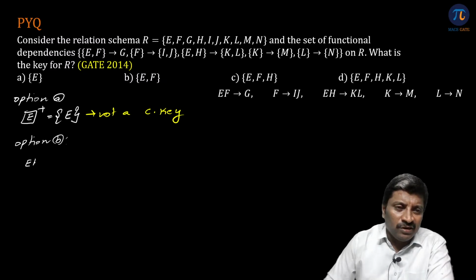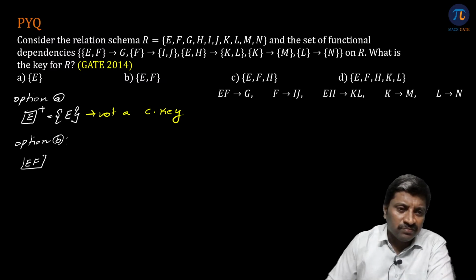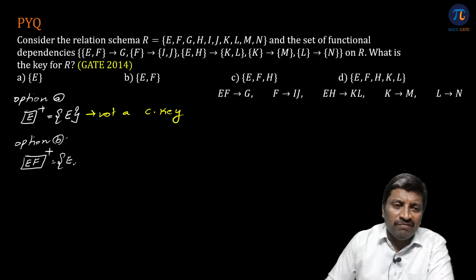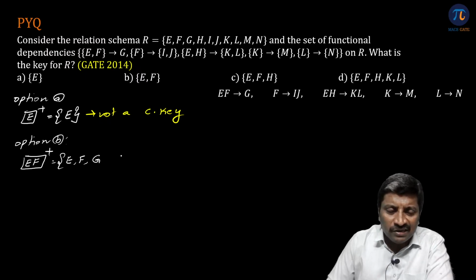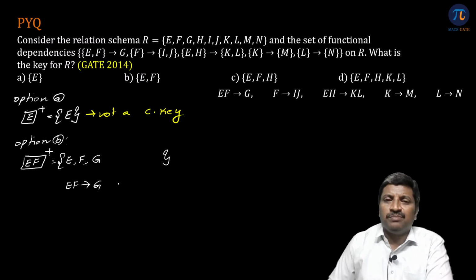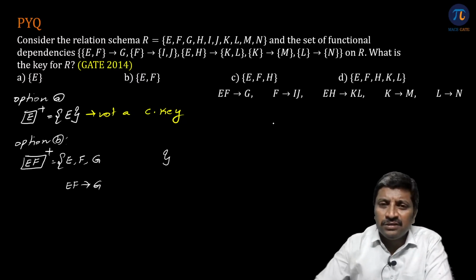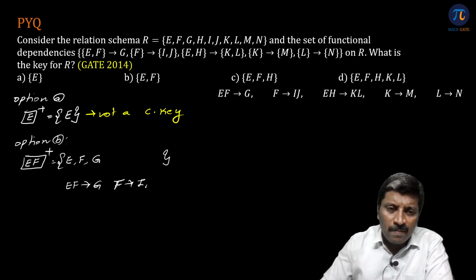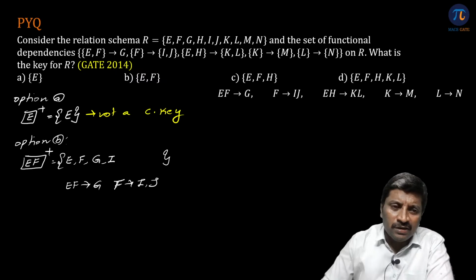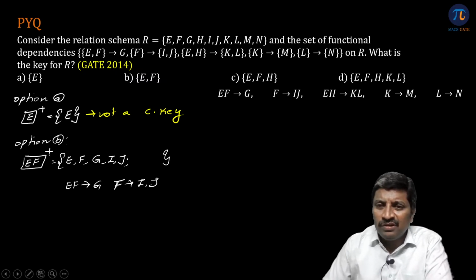The second option, E, F. With E, F, I can get E, F. Then EF implies G. Please check it, sir. Then with F, we can get I, J. Fine.